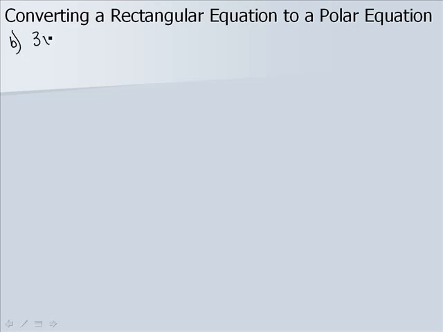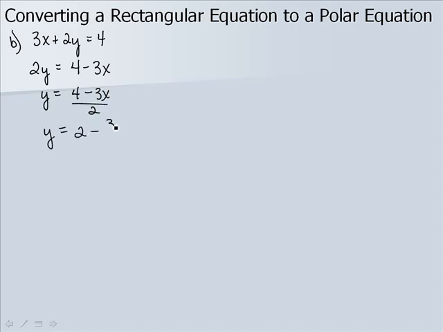So we had 3x plus 2y was equal to 4, and we'll solve it for y. So 2y is equal to 4 minus 3x, and then y would be equal to 4 minus 3x divided by 2, or y is equal to 2 minus 3/2 x.